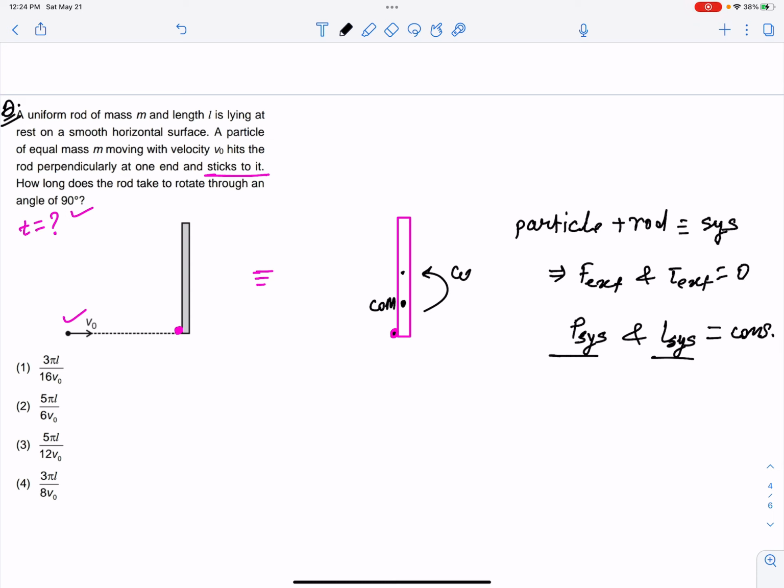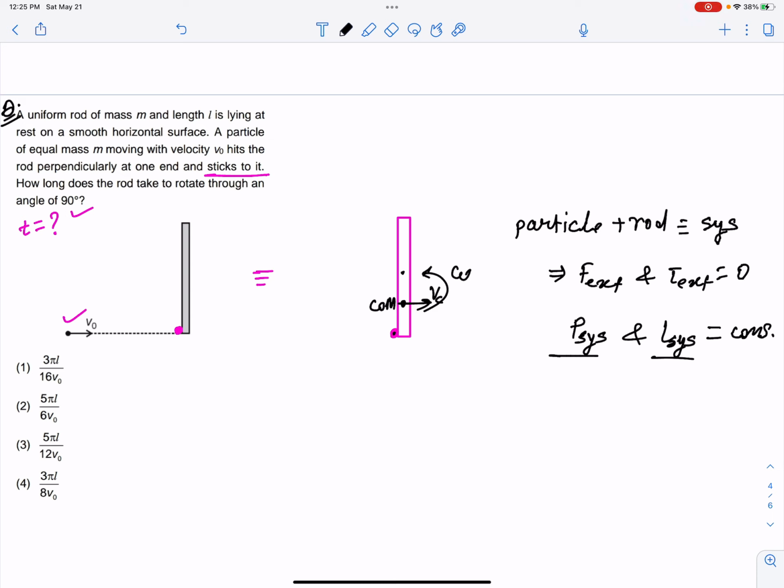If we talk about linear speed and linear acceleration, then they are of a point. But when we talk about angular acceleration or angular velocity, it's of the body, not of a point. So let's assume this body has angular speed omega and vc is the velocity of the center of mass.